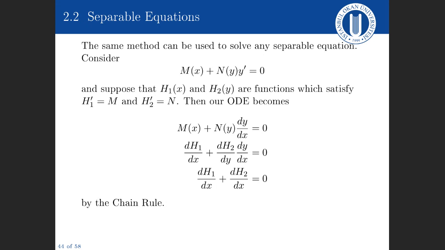And by the chain rule, this is the same as dh1/dx plus dh2/dx equal to 0. And then, of course, we can integrate to get the answer: h1 plus h2 is equal to a constant.